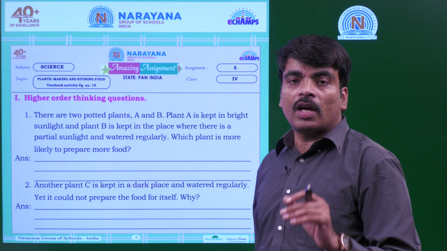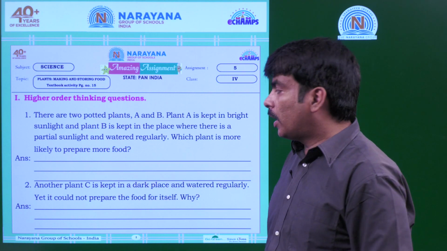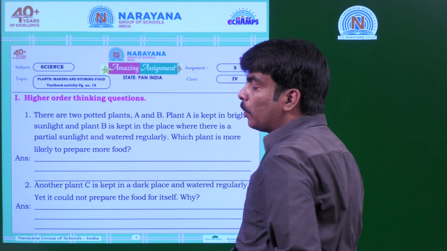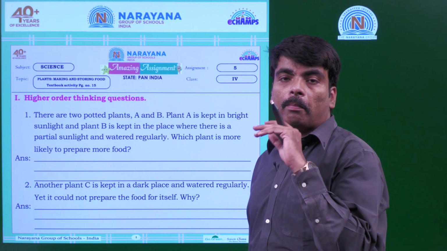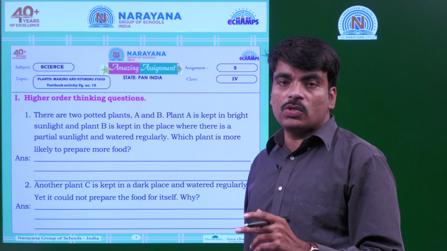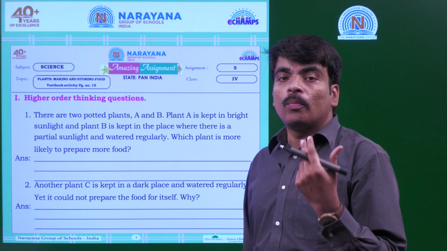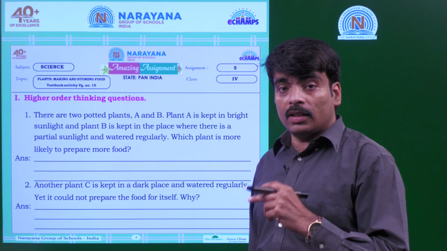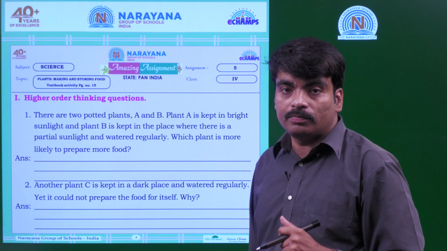We are providing water to them regularly. Now the question here is, which plant is more likely to prepare more food? Plant A or plant B? Obviously both are preparing food, but in these two, which is preparing more food?